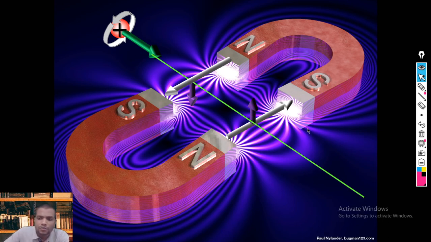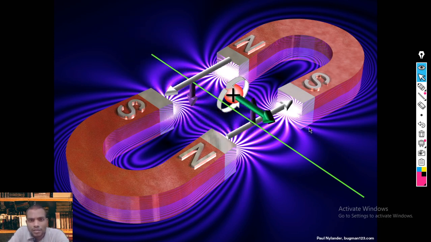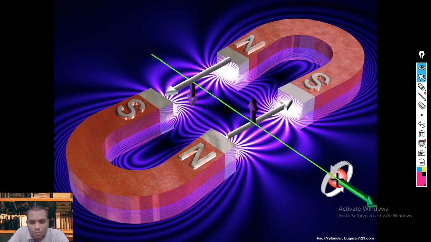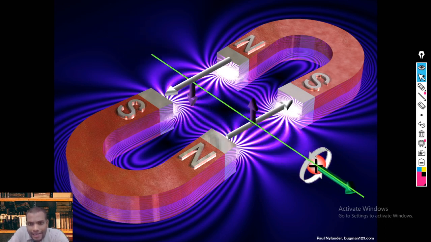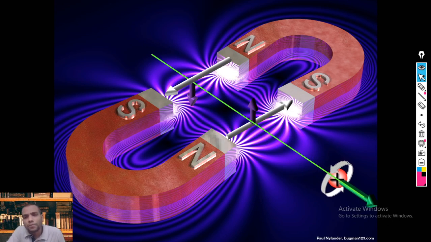Suppose you release a positive charge, here you can see its movement. It does not move straight. Let me play it again. Notice that carefully in the magnetic field. Because of the force acting in the downward direction, the charge moved downward, and again the charge moved in the upward direction.